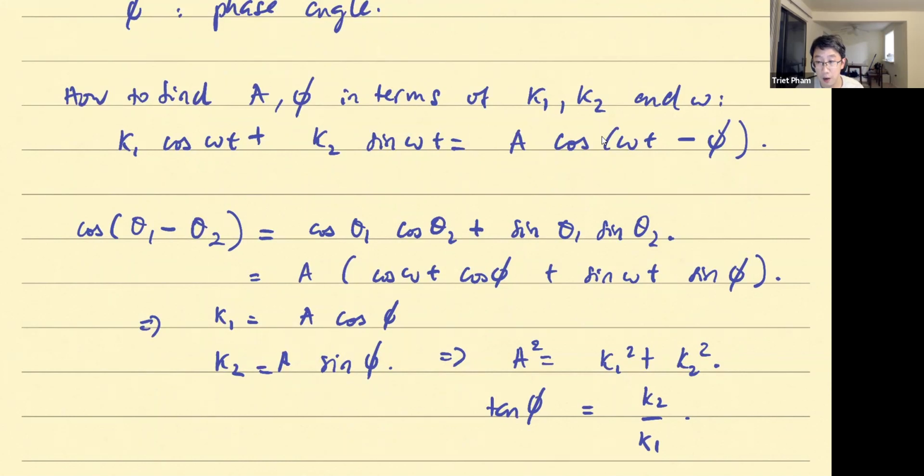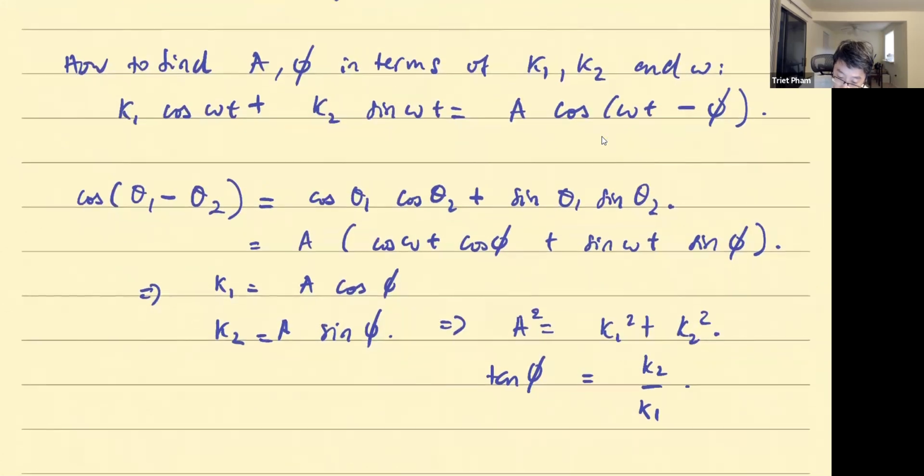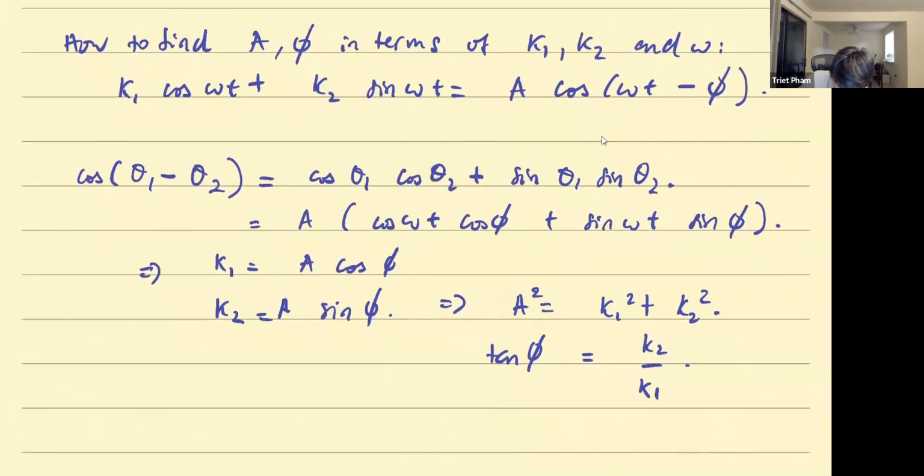Now, if you want to decide beyond this, like for example, the sign of A and that kind of thing, you have to go back to this and decide what the phi angle is. And I think the convention is the angle phi is between 0 and pi, if I'm not mistaken.